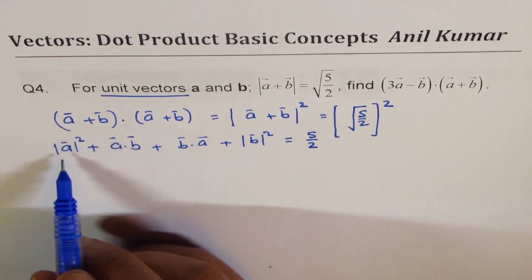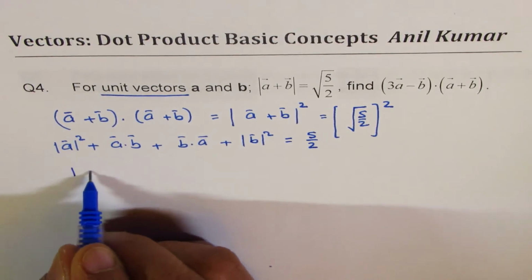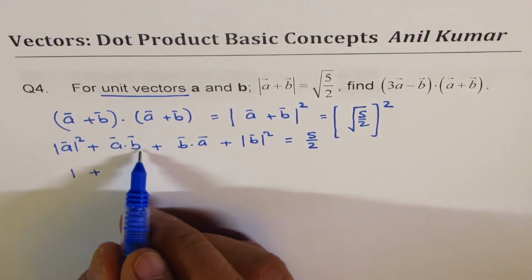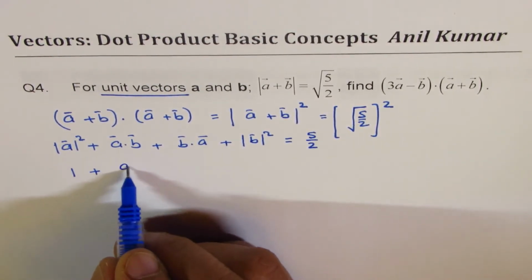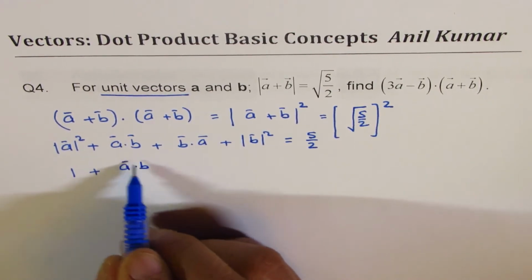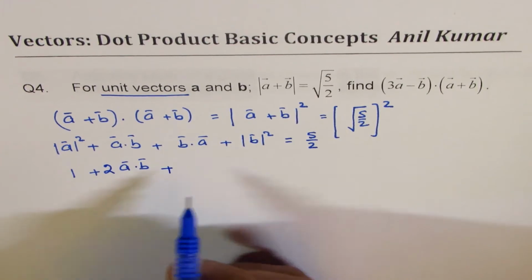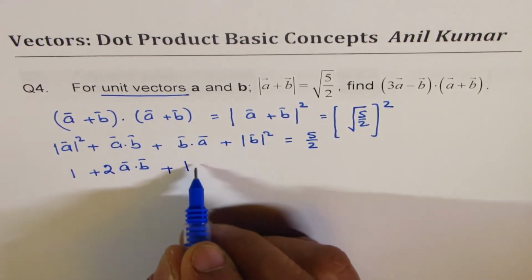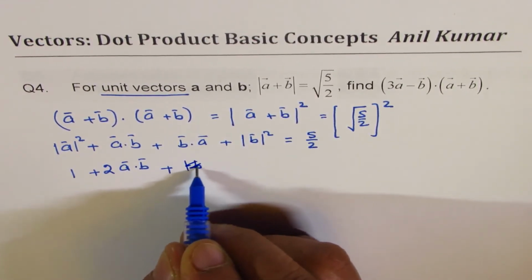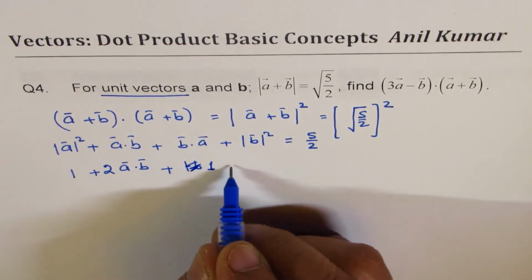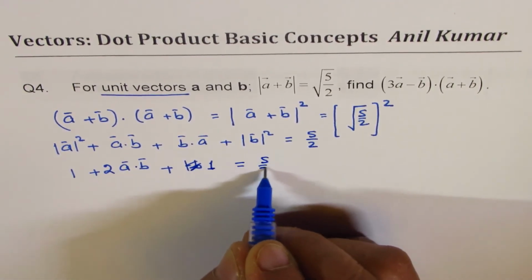Now we know magnitude of A is 1, so we could write this as 1 plus A dot B is same as B dot A. So let me rewrite this as A dot B times 2, right? So they are same. And what we have here is magnitude of B square, which is also 1. So 1 plus 1 equals 5 over 2.